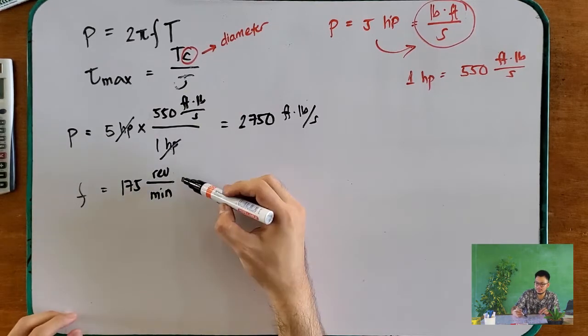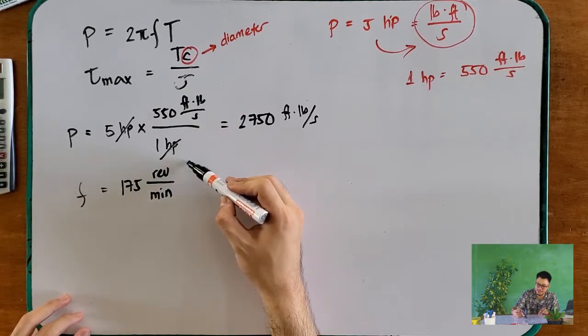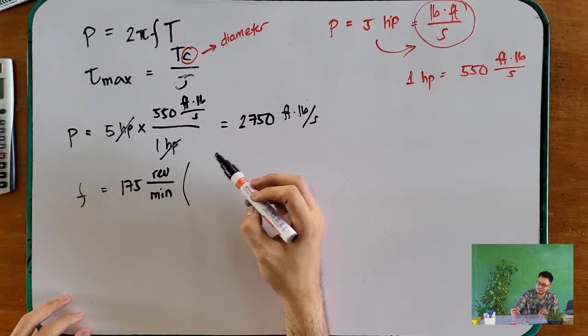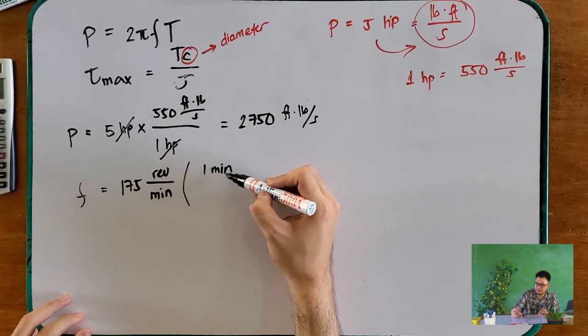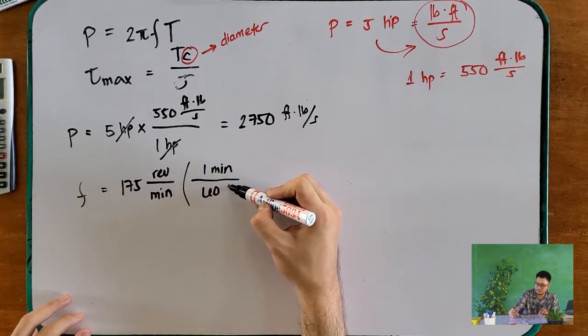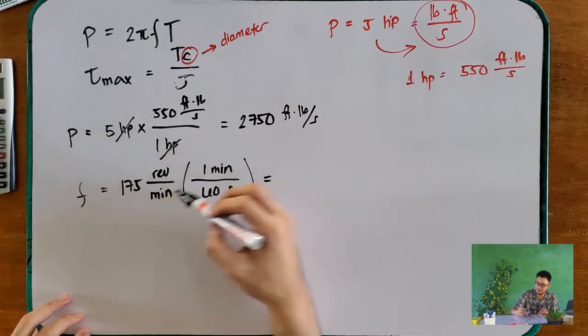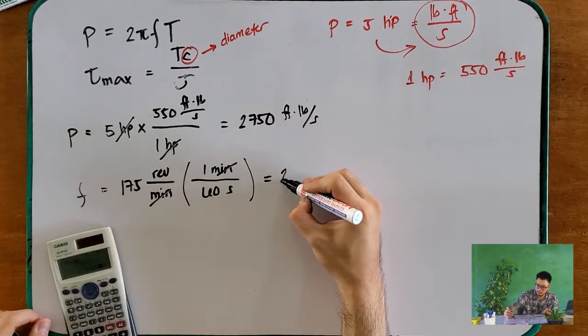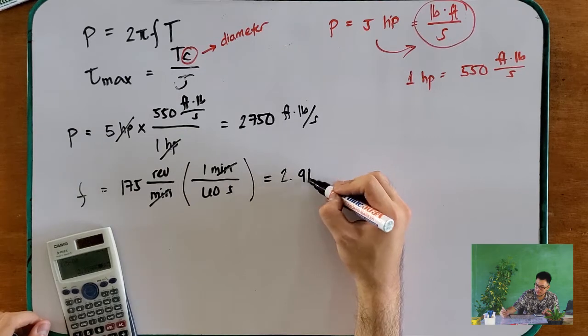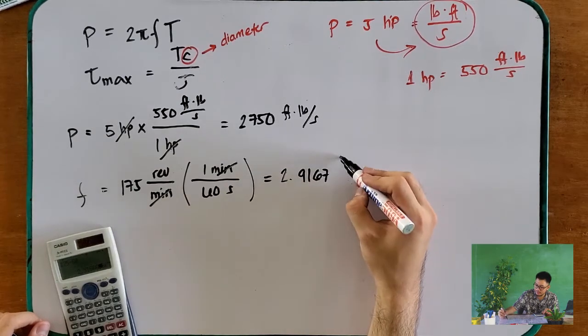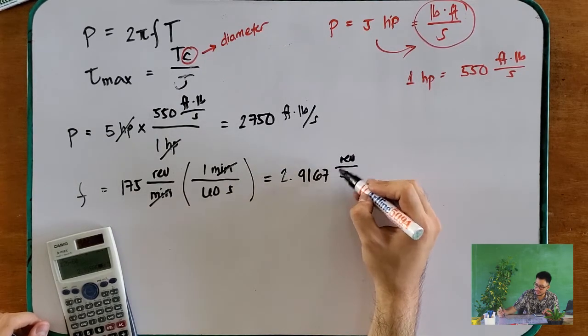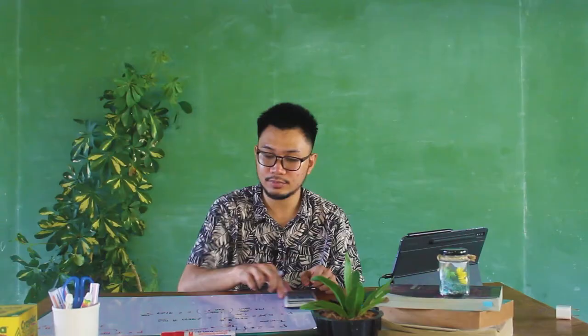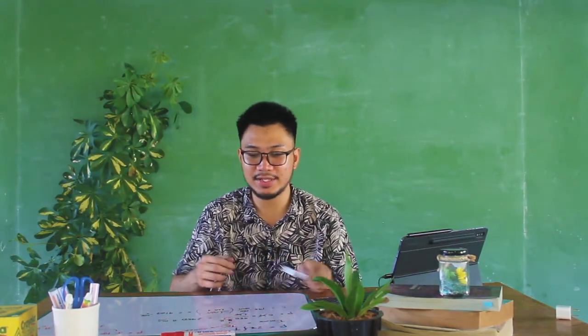Now, to convert this one, we should change this into seconds. So that is 1 minute, 60 seconds. Cancel. So that is 2.9167 revolutions per second. Okay? So now, let's proceed.